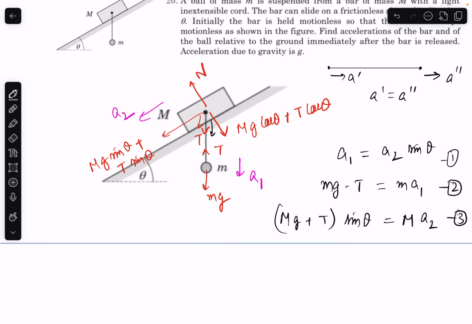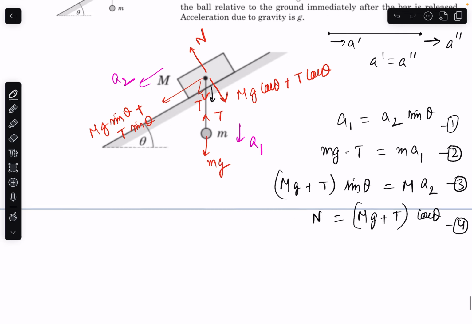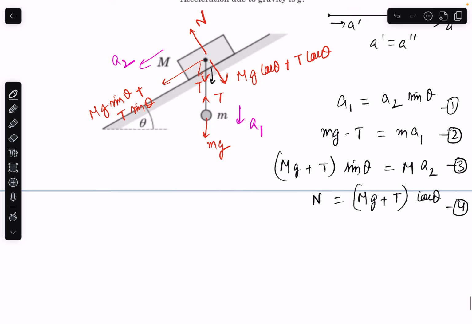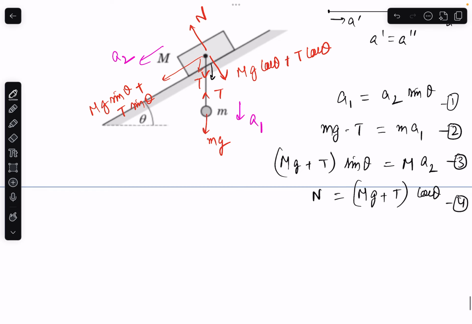The fourth equation can be written for the bar perpendicular to the incline. So N should be equal to, if we take cos theta common, (Mg plus T) cos theta. So this is the fourth equation. Basically we have to find a1 and a2 here, and this fourth equation involves another unknown N. So this equation will not be handy here. So we are going to basically solve equations 1, 2 and 3.